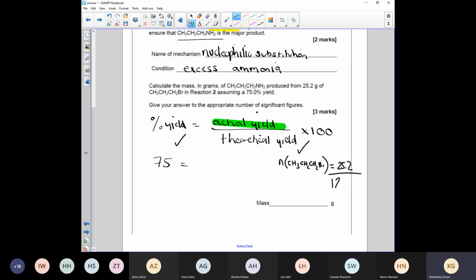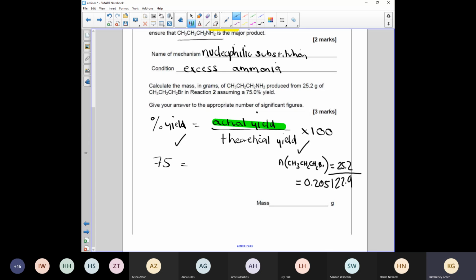I think I got that to be 122.9 when I calculated it the first time. So I can work out moles of my bromopropane, which should come out to about 0.205 moles.